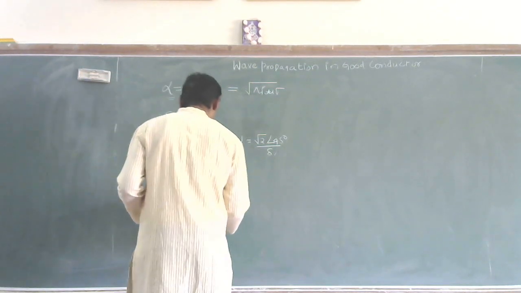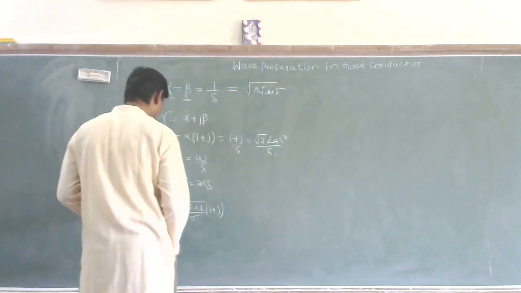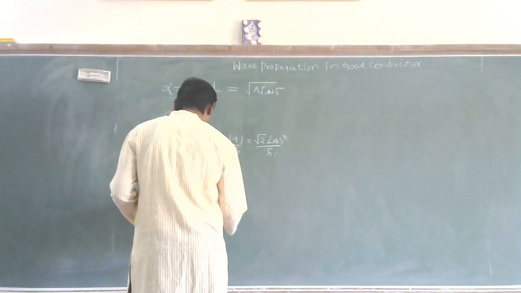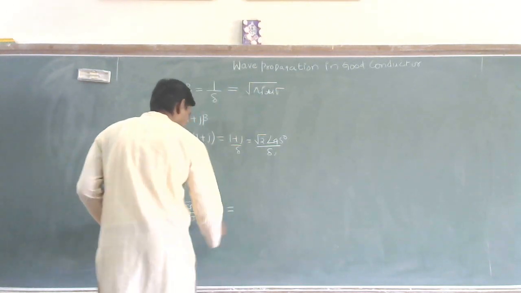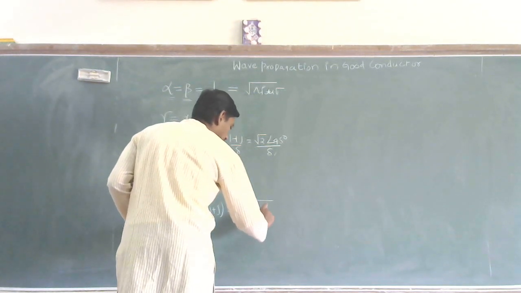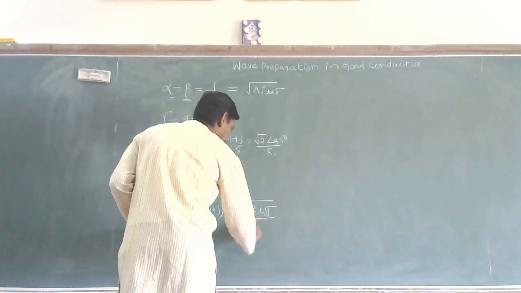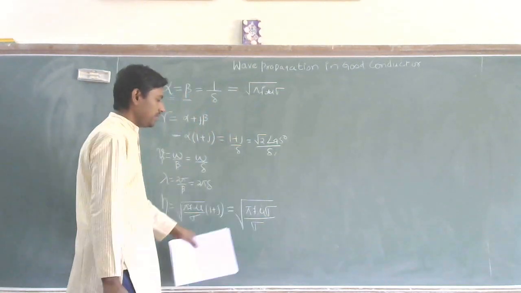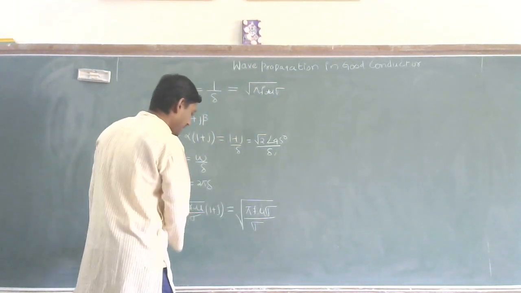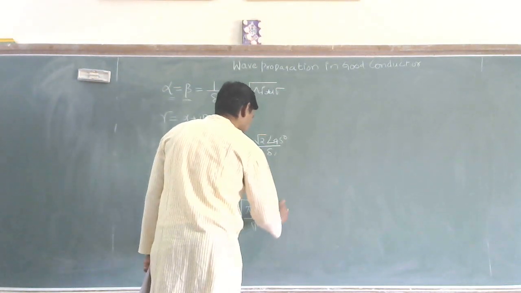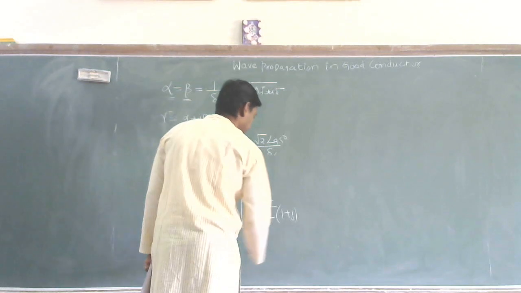So I can simplify this further. That is root of pi f mu; I will multiply sigma over here and also sigma in the denominator. I already have a sigma here, so this is sigma squared, and further we have 1 plus j.